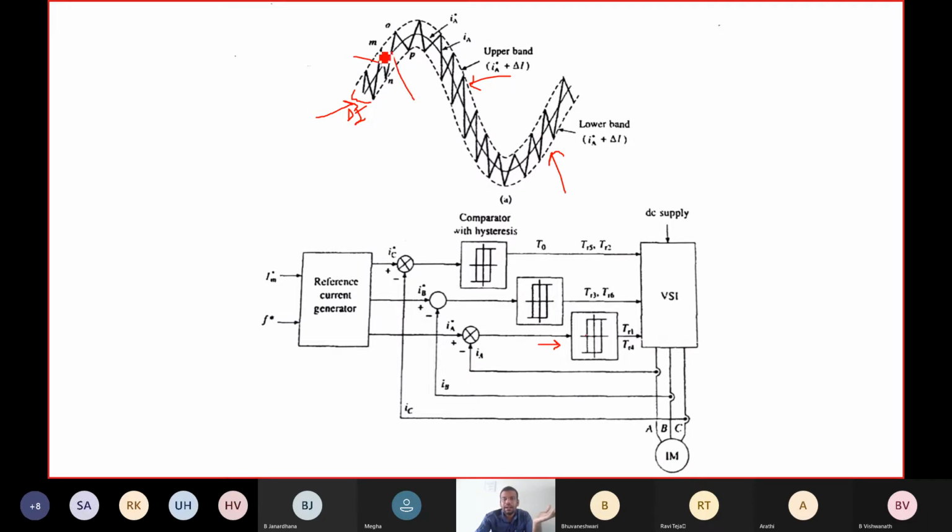In the negative IA, current drops from M to N, and in the positive IA, current flows from N to O. This cycle will be repeated.